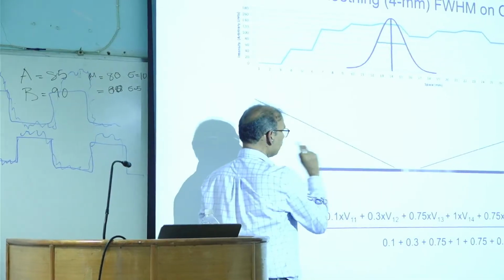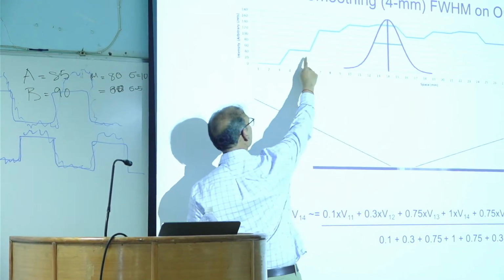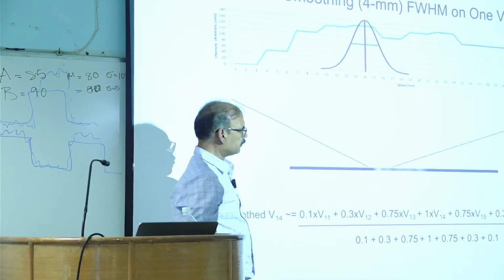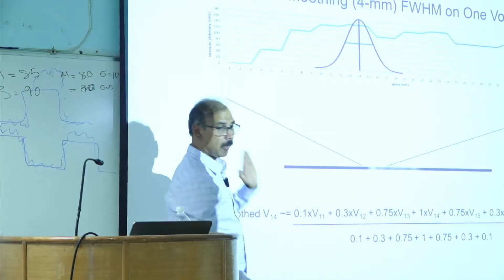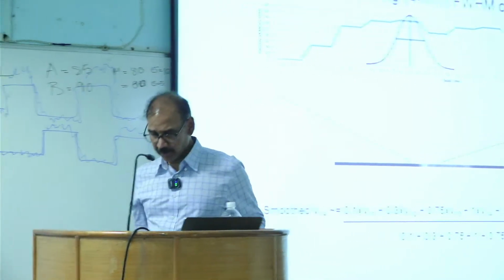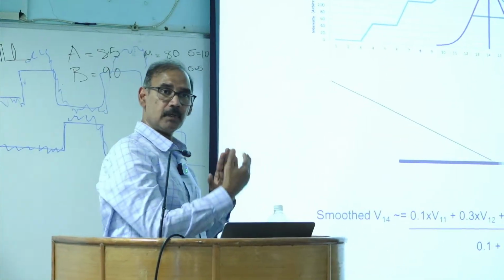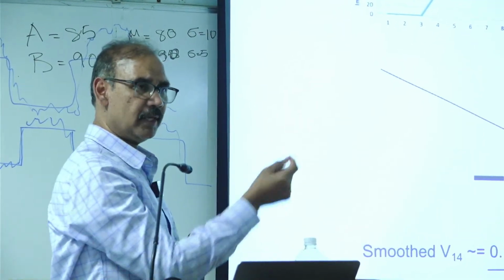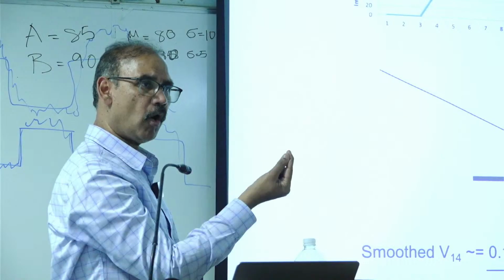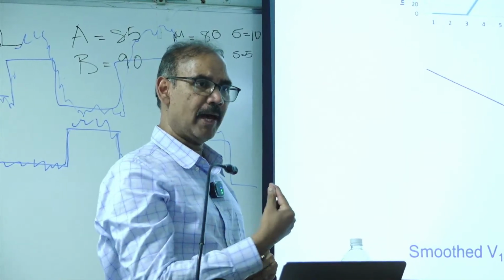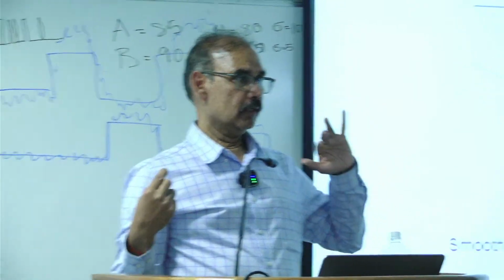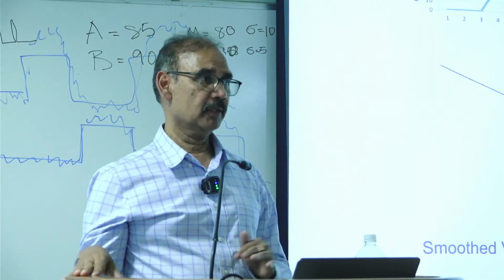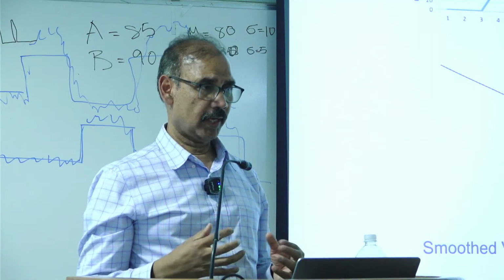Then for the fifth value, we will multiply by 0.75. Then the sixth value with 0.3, the seventh value with 0.1. So what it does is it gives any time series or voxel, we are changing the current value with 3 values to its left and 3 values to the right and averaging, right?